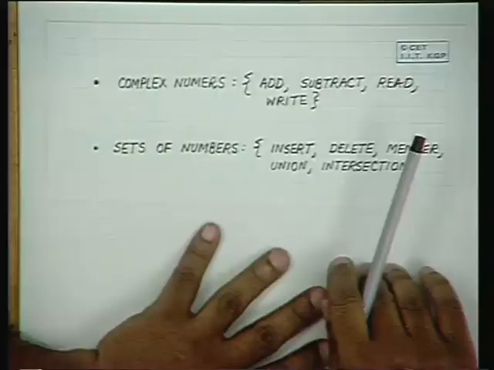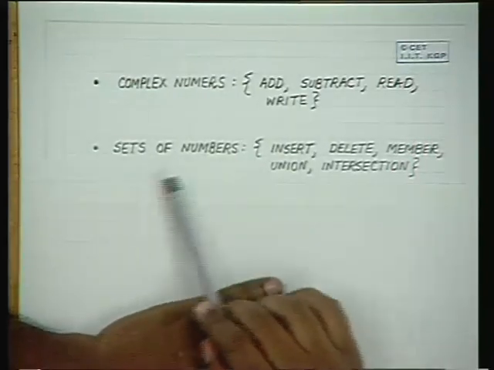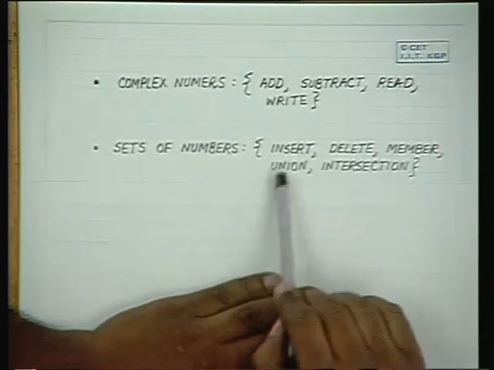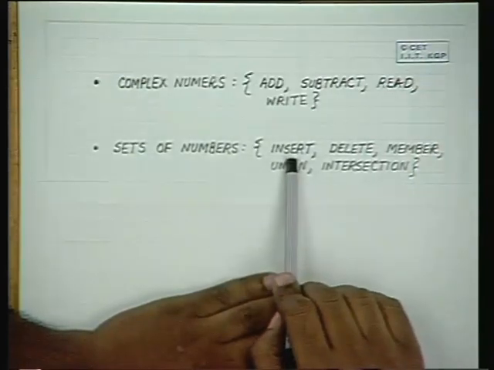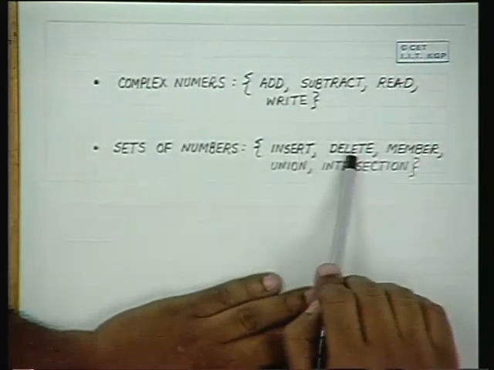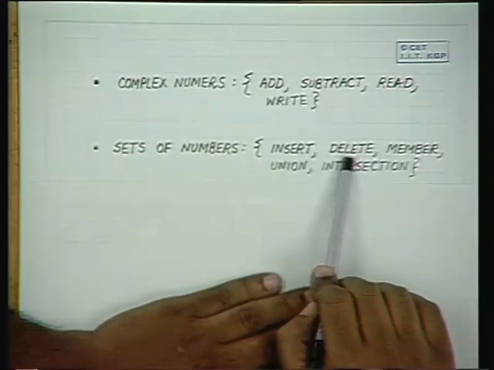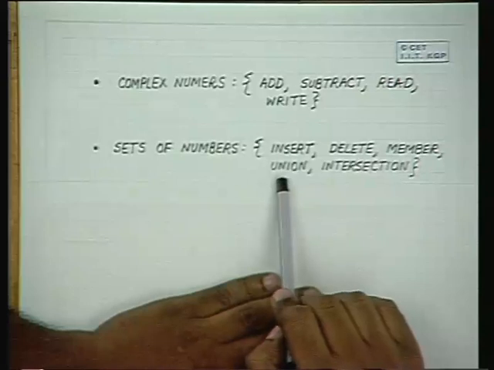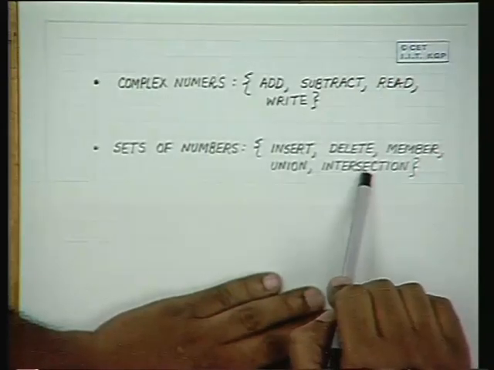Second, sets of numbers and the operations that you define. Insert an element into a set, delete an element from a set, find out whether an element is a member of a set, take two sets and perform a union of them and return a set, take two sets and perform an intersection of them and return a set.